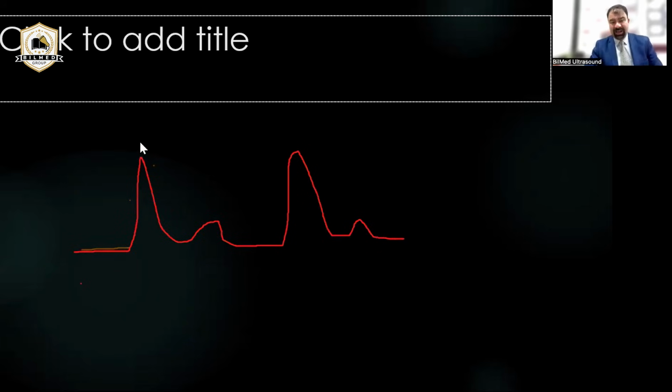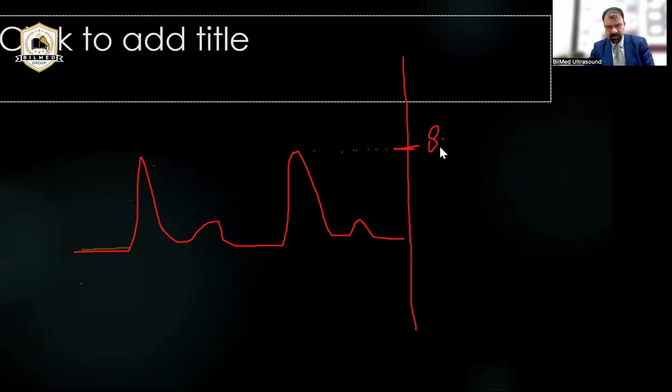Now the question here is, how much should be the scale? Velocity, I mean. How much should be the velocity? Now see, for example, this peak corresponds to 80. And if I put the scale not at 80 but at 40 only, try to understand, at 40 only, can I see this peak?